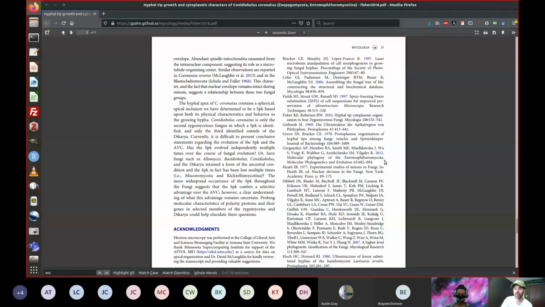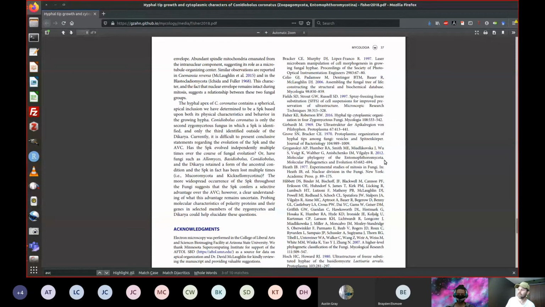These groups, like most of the zygomycetes that don't have a clear Spitzenkörper, do a lot of things that are, quote unquote, good enough that other fungi may look at and go, huh? Right? You don't have cell walls between your nuclei.